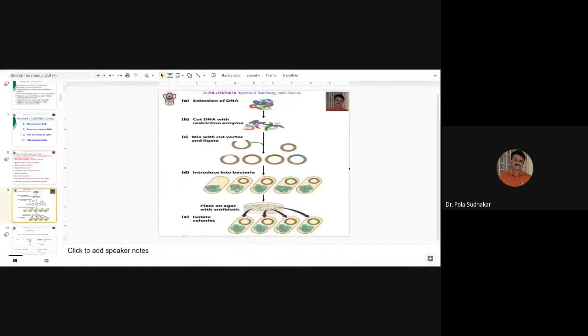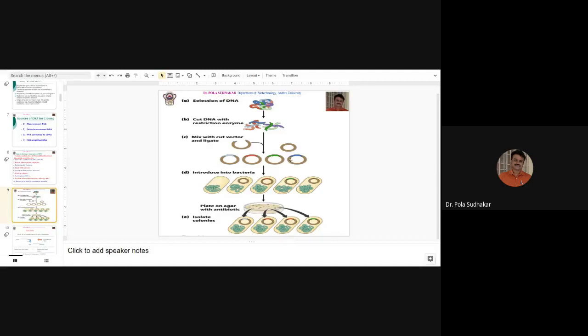Here you can see a representation of cloning of DNA. The first step is selection of DNA. The second step is cutting DNA with restriction enzymes and mixing with cut vector and ligase enzyme. Later, this vector with the DNA is also called a construct.